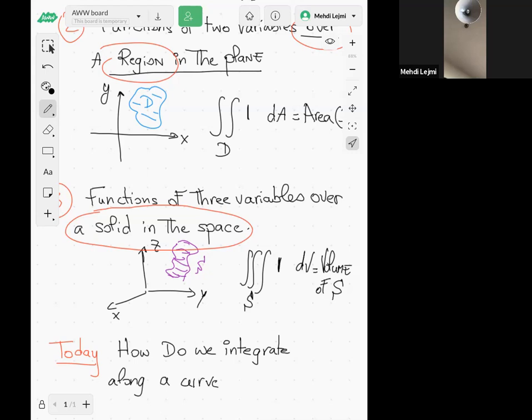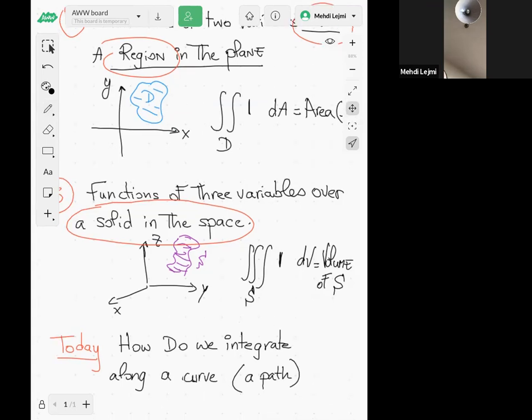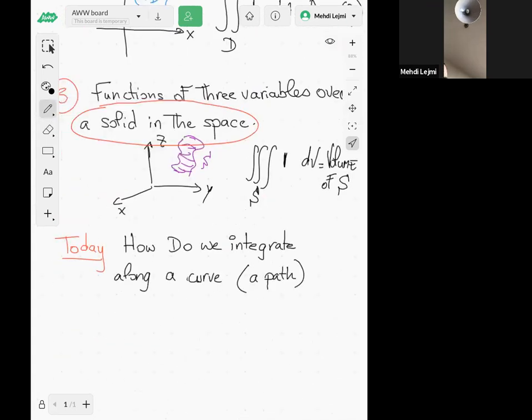So a curve or a path in the space, or actually, in the plane.